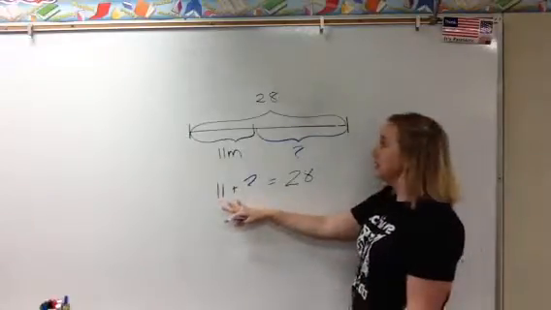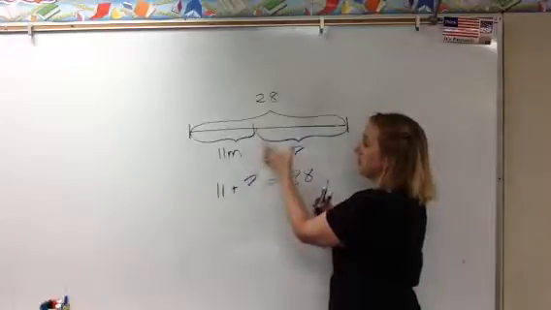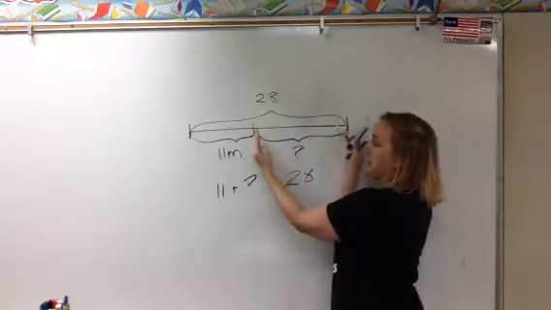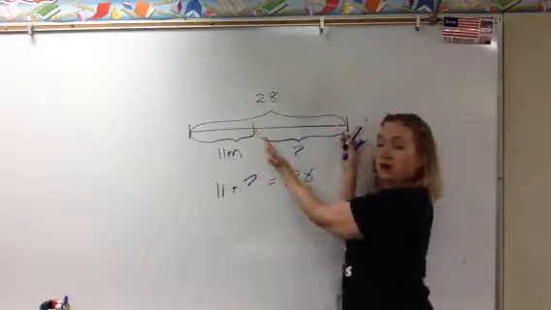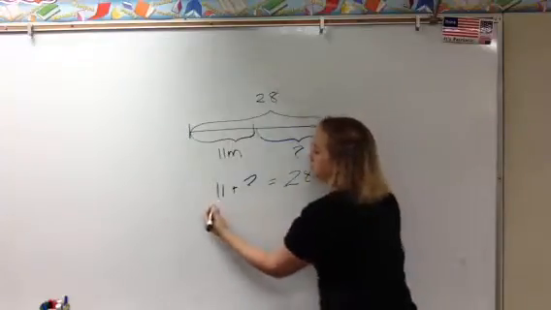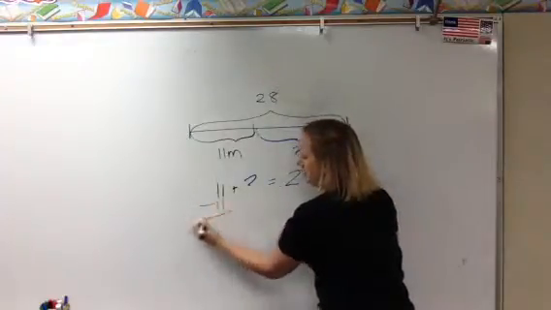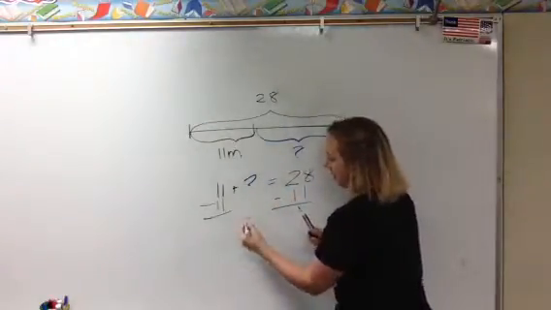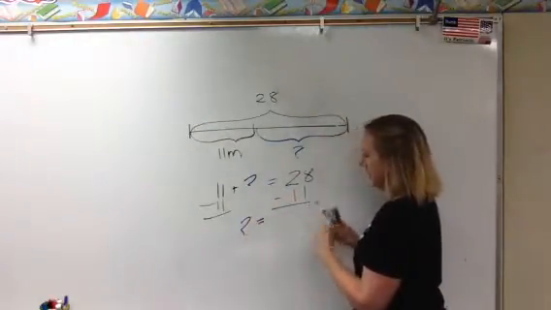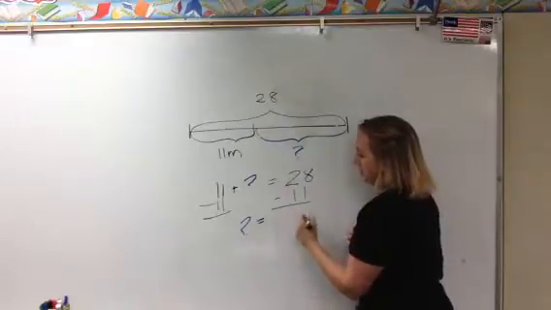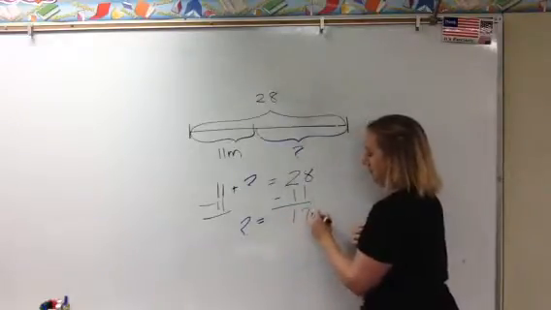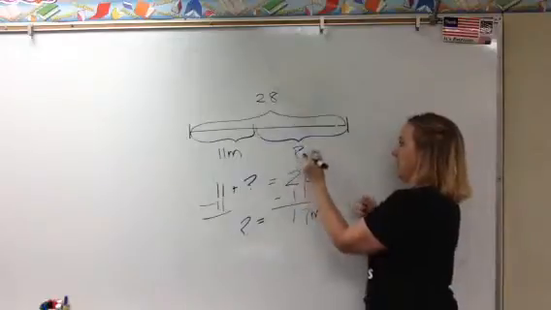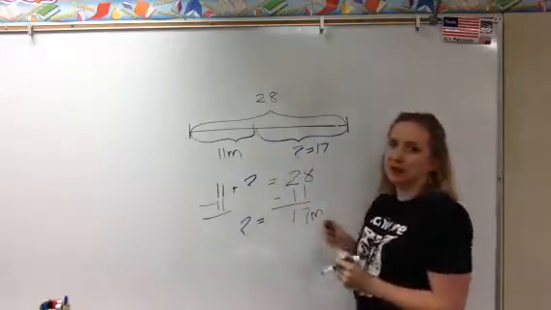I'm going to find the difference, because the difference between 11 and 28 will give us our distance. So we subtract 11 over here, subtract 11 over here, and now I find that the distance I didn't know before is 17 meters. So this question mark is equal to 17 meters.